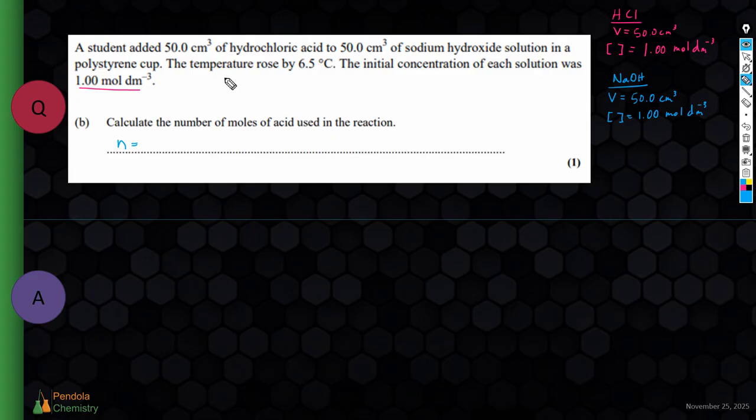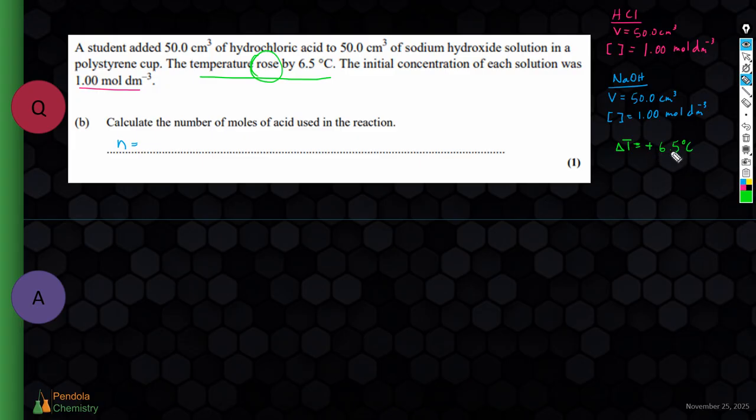Now the other thing they give us is the temperature change. They say that the temperature rose, and that's a very important word, by 6.5 degrees Celsius, meaning that delta T, the temperature change, is equal to positive, because it went up, 6.5 degrees Celsius. Now you might say, Mr. Brenda, why are you writing a positive there, right?